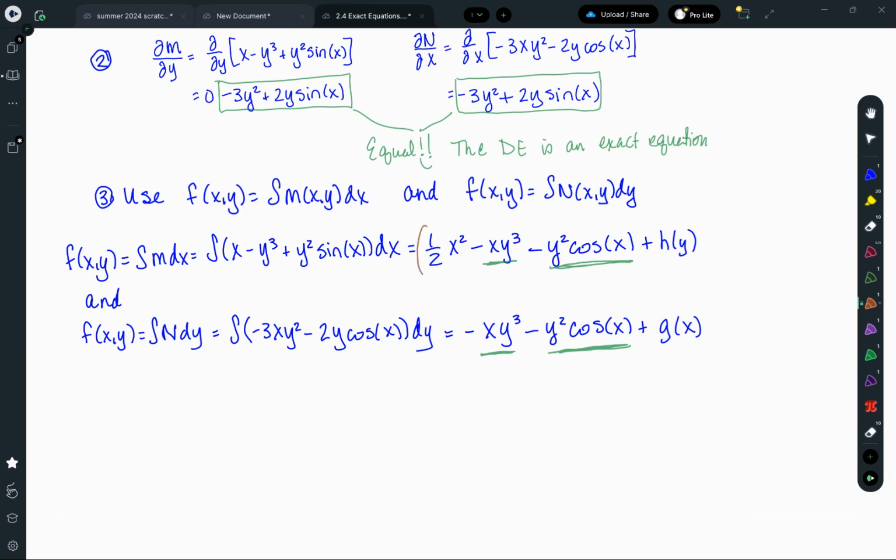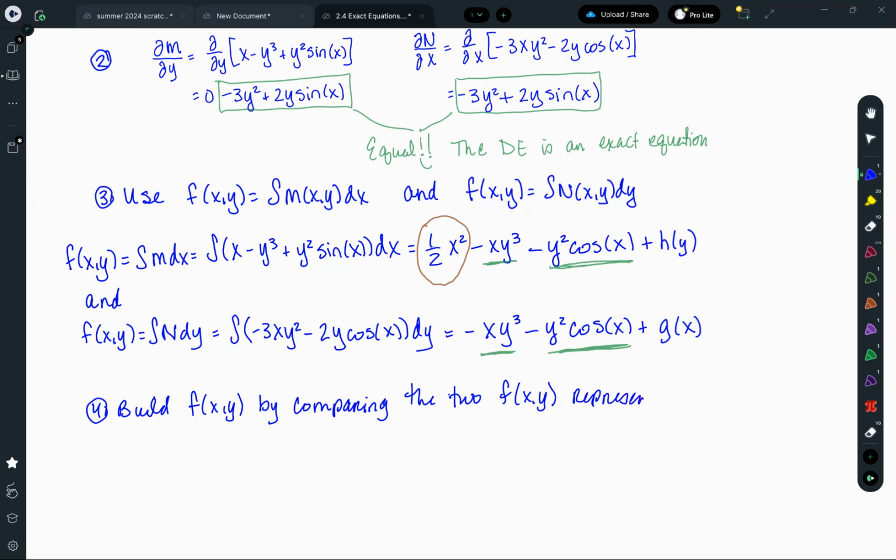The 1/2 x squared shows up in the first expression. Okay, so now build f of xy by comparing, not adding, just comparing the two f of xy representations.